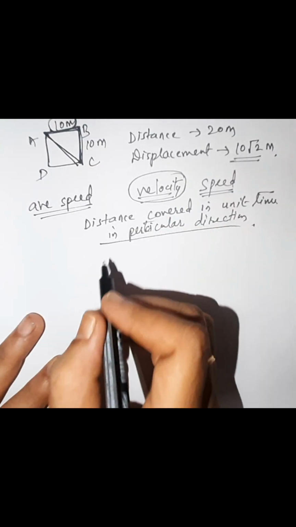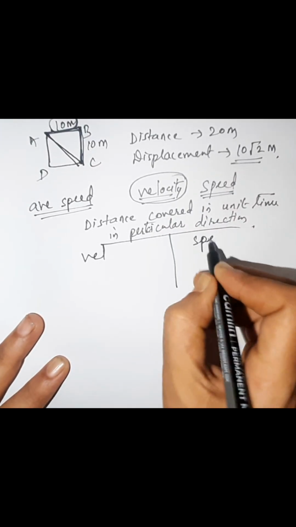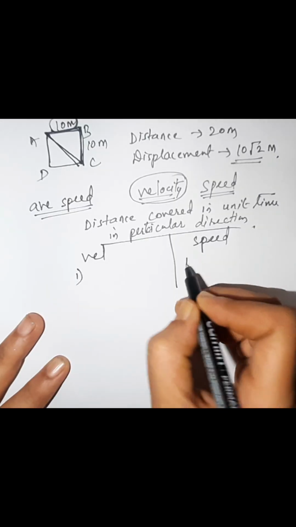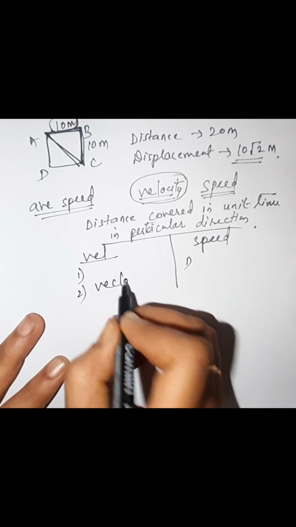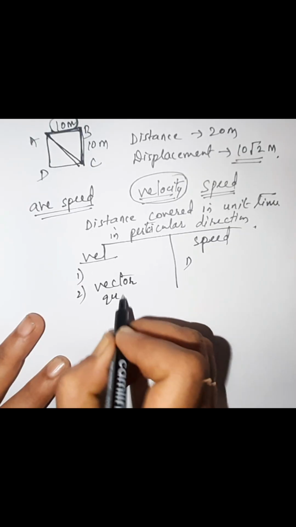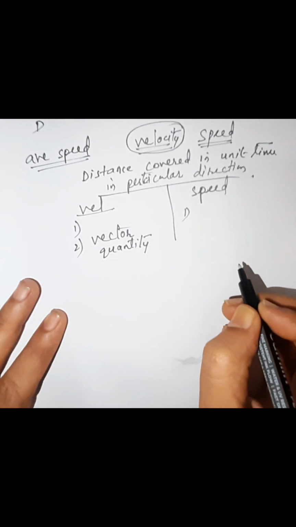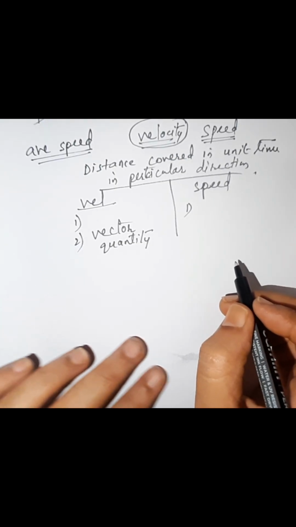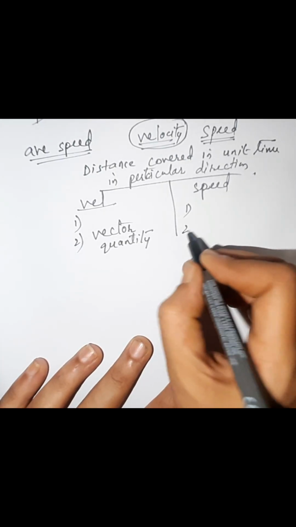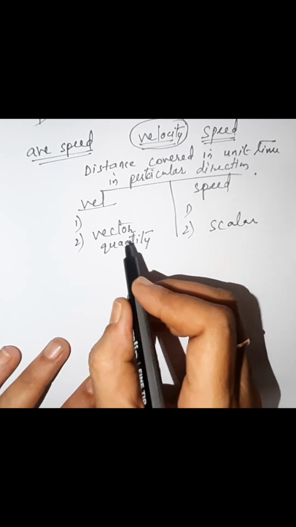So here they ask to differentiate between speed and velocity. The first one is definition. Second point, velocity is a vector quantity. Now in physics we are going to use two different kinds of quantities. One is called vector quantity and the other is called scalar quantity. Speed is a scalar quantity. Now what is a vector quantity?